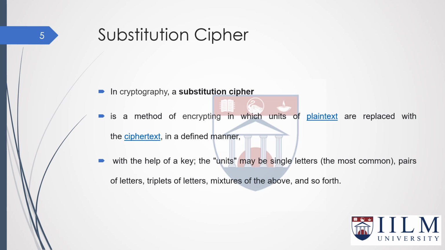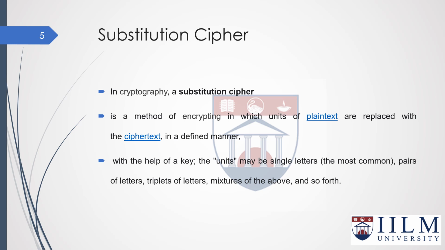Okay, so let's have a look at the definition part. In cryptography, a substitution cipher is a method of encrypting in which units of plain text... Here it is written units of plain text. It is not written that a letter or a character of plain text. Why? Because we saw how Caesar cipher substitutes the plain text into cipher text.